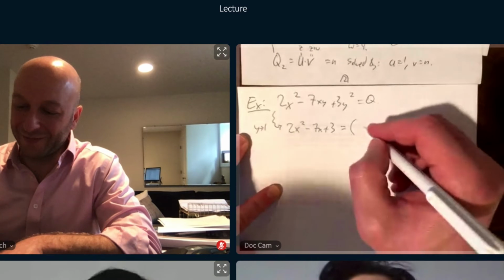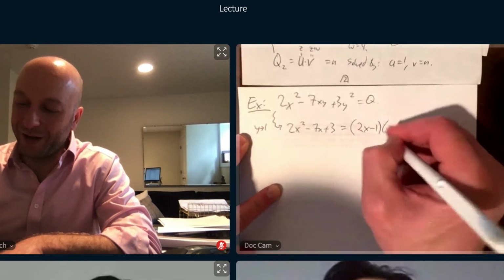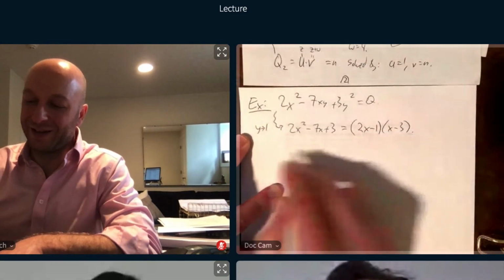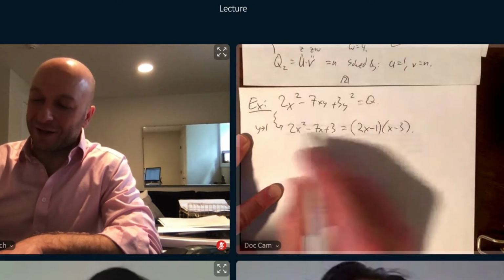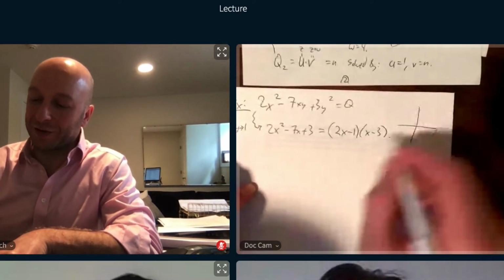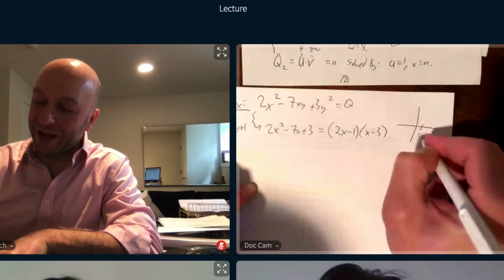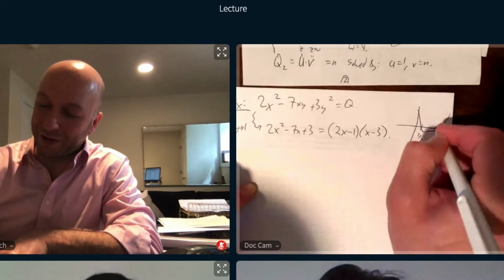Yep. 2x minus 1 and x minus 3. So as a parabola, this thing goes through a half and 3. Here's a half, here's 3. It's a nice parabola, nothing wrong with it.